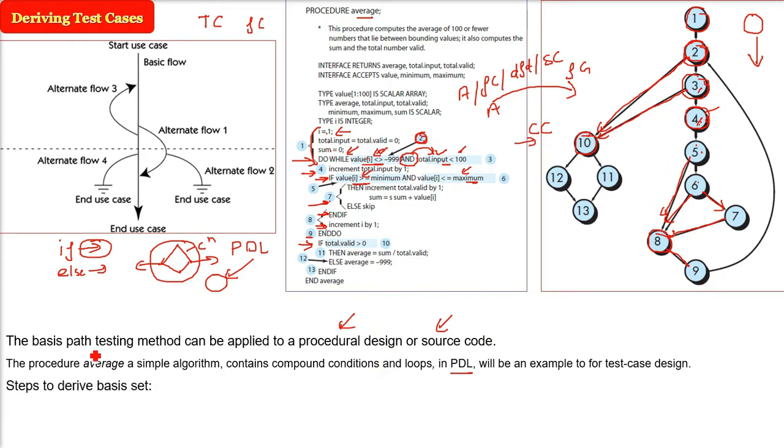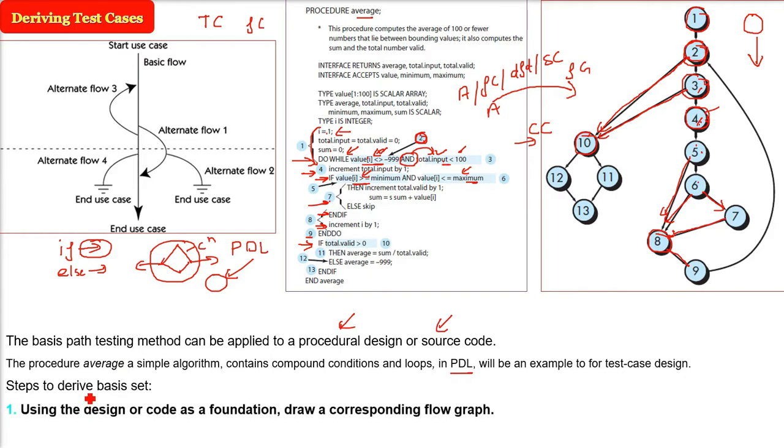So we took it for the example of test case design. So what are the steps? First step we have already done. Using this design or a code as a foundation, we actually made a control flow graph, and we use the symbols and construction rules. And the construction rules, you can just manipulate, change it, because ultimately our aim is to execute all the paths at least once.